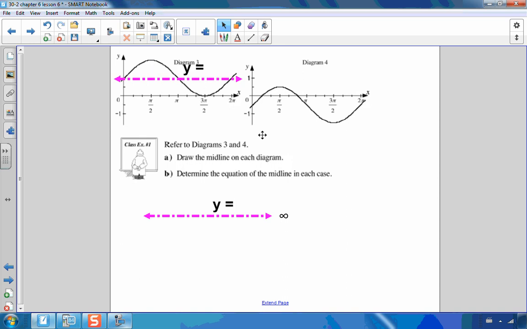So in this case, the equation of my midline would be y equals 1, because I see that I'm going up by 0.5s. In this next one, normally the midline is here, but you can see I don't have an equal amount above and below. So I have to actually just shift it. And right there, it's an equal amount above and below. So this midline would be at -0.5.